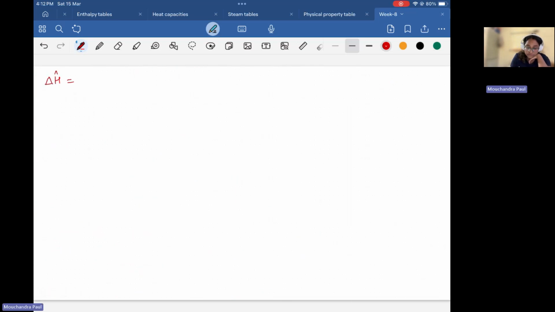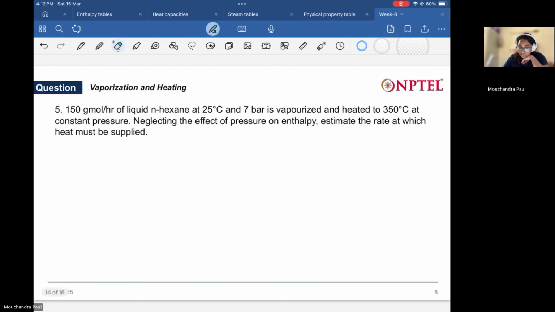So moving on with the next question. So you are given 150 gram mole per hour of liquid n-hexane at 25 degrees Celsius and 7 bar pressure.